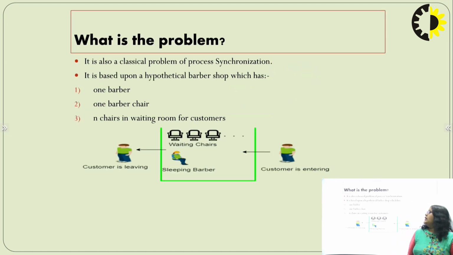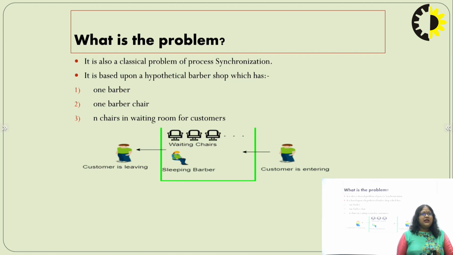Now, what is the problem? This is a classical problem of process synchronization: the sleeping barber problem. What is the sleeping barber? It is a classical problem of process synchronization.